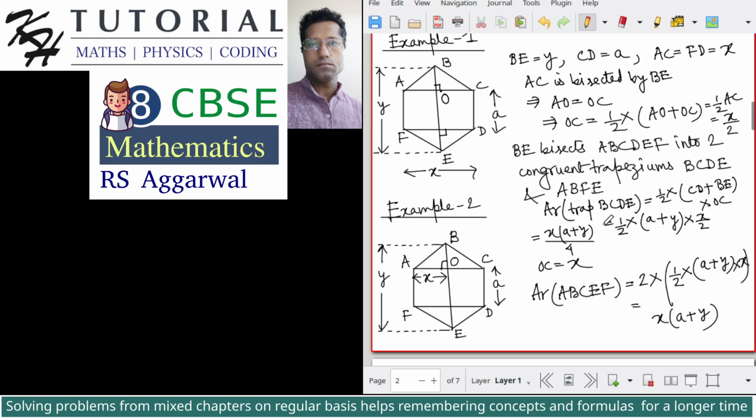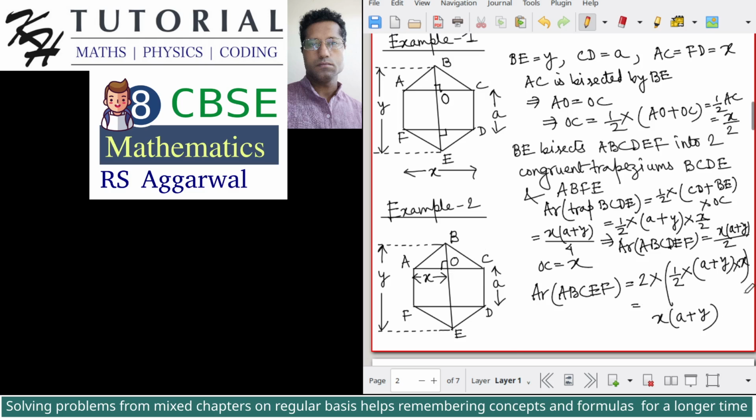So this is coming out to be x into a plus y. Oh, sorry, in the previous example, x into a plus y by 4 is the area of one trapezium. So the area of the entire polygon ABCDEF will be 2 times x into a plus y by 4, which is x into a plus y by 2. And in the second example, since AO is given to be x, it is coming as x into a plus y.